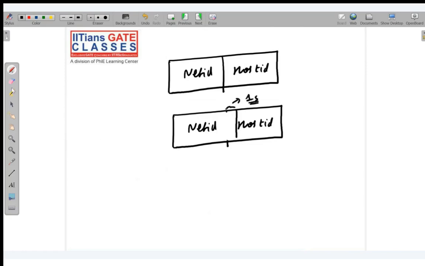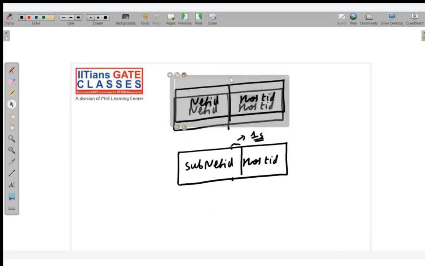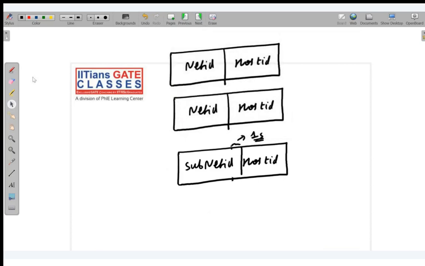Now in supernetting, I will say here subnet ID. In supernetting, we are going to increase this host ID part.